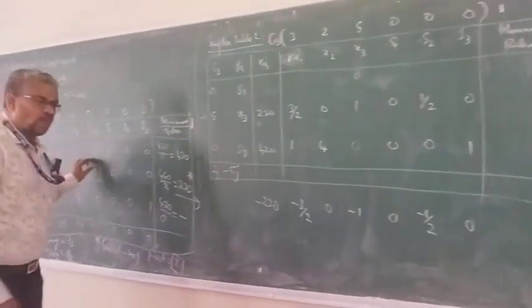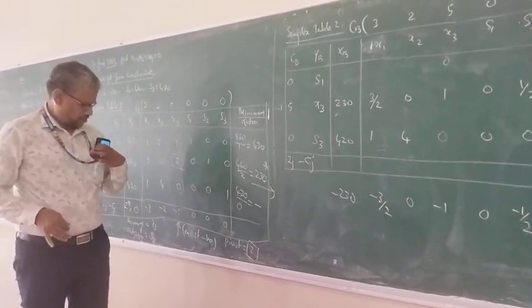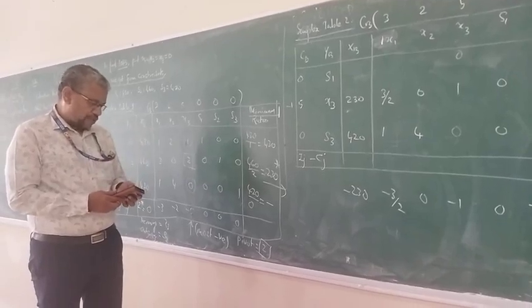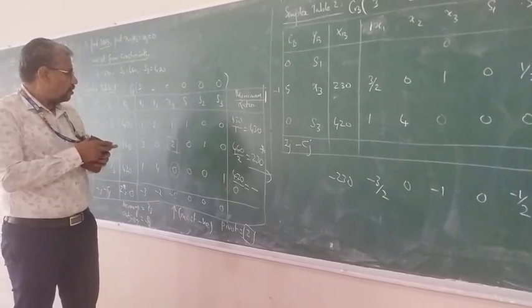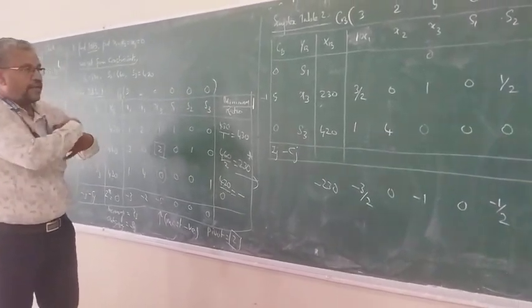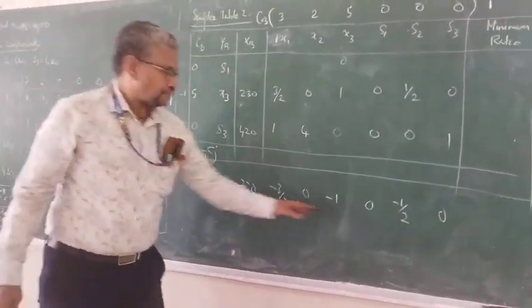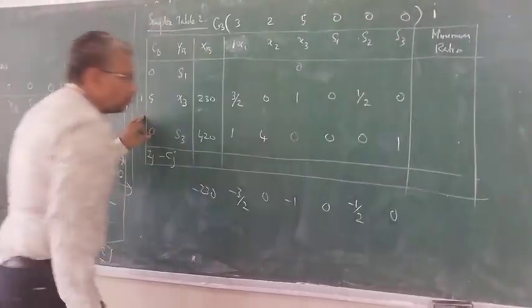Whatever number you want to convert into 0, take the opposite of it, then multiply it with the pivot element row, the new row.